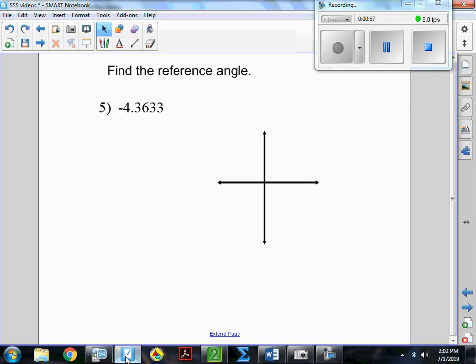So what I want to do is figure out where the angles I'm used to working with, the exact values, specifically the quadrantal angles, like 0, pi over 2, and pi, where those are in decimal form.